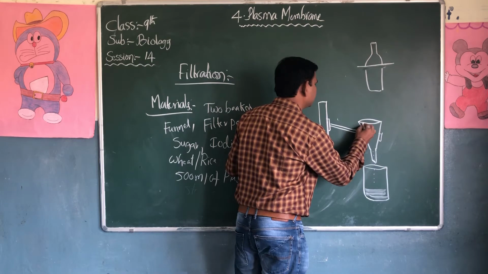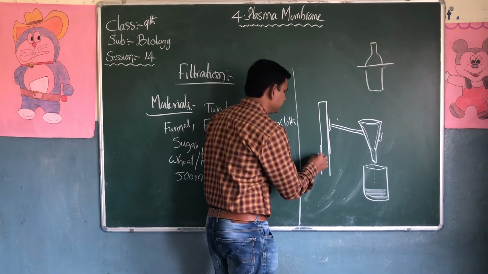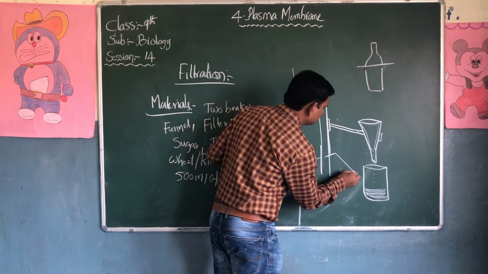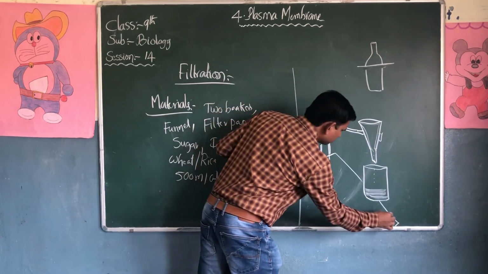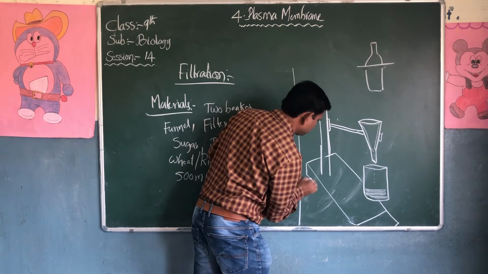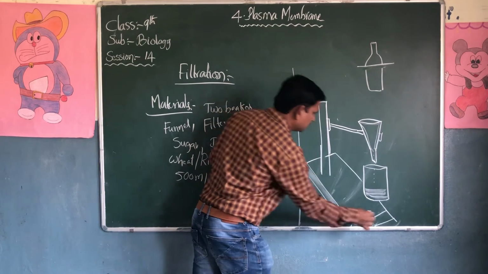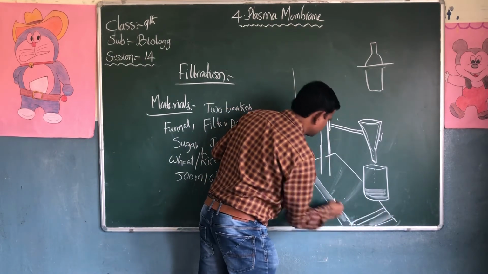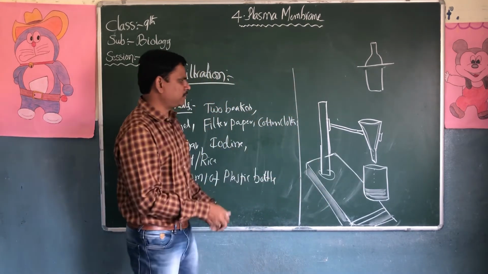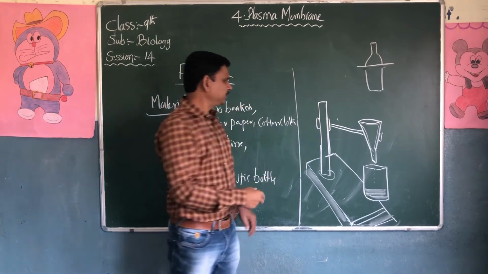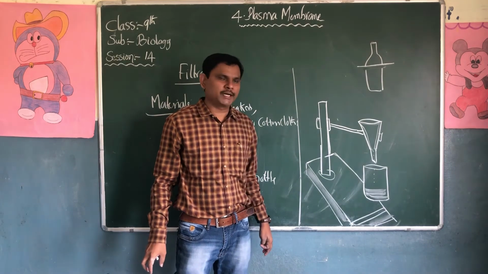You have to keep some filter paper in the funnel. Set up the experiment like this. Take a retort stand fixed with the funnel, and we need 2 beakers.